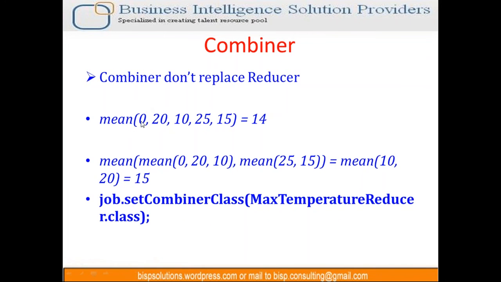So let's take the mean of this data set. The mean of this one is 30 plus 25 plus 15. If you divide it by 5, it comes out as 14.